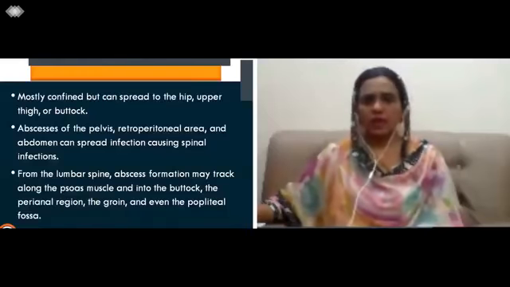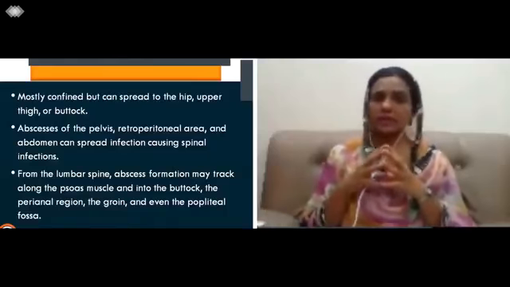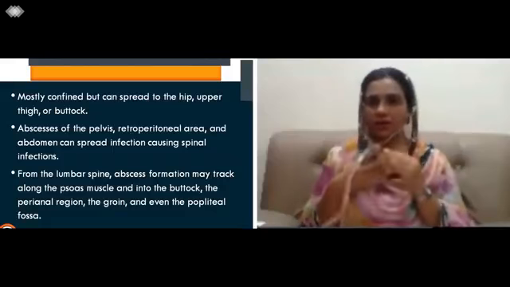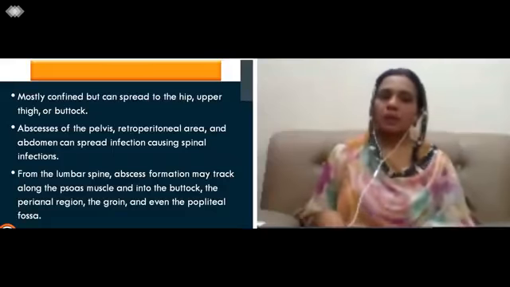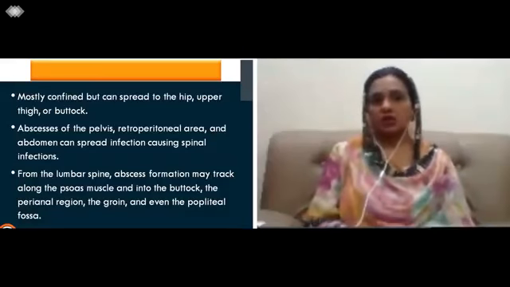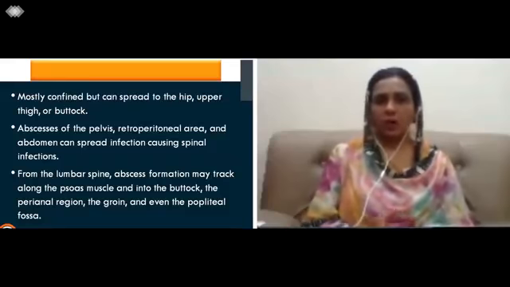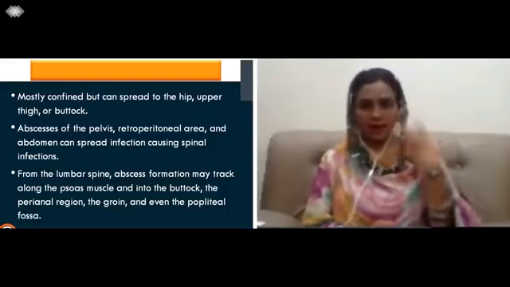So most of the time, if there is psoas abscess, especially, that is confined. But in certain cases, the infection or abscess can spread to the hip, to the upper thigh, or even your buttocks. So abscesses, if there are any abscesses of the pelvis or retroperitoneal area or abdomen, they can spread infections, and they can cause spinal infection.